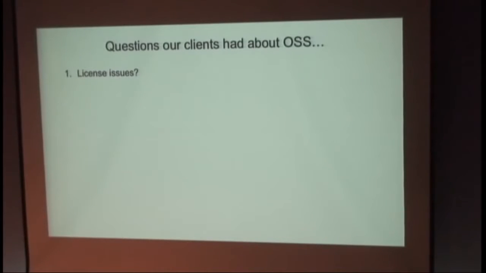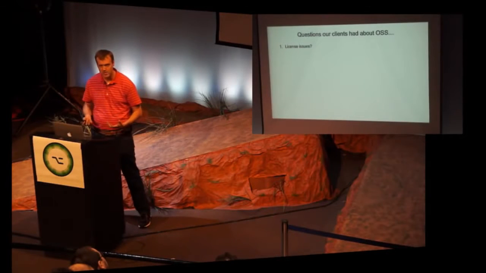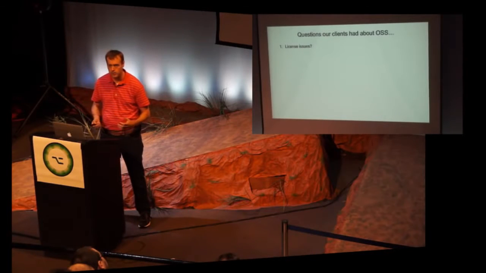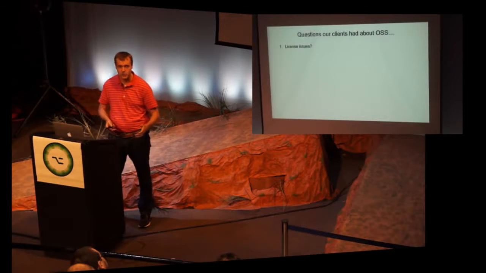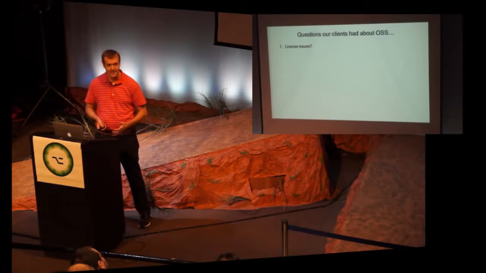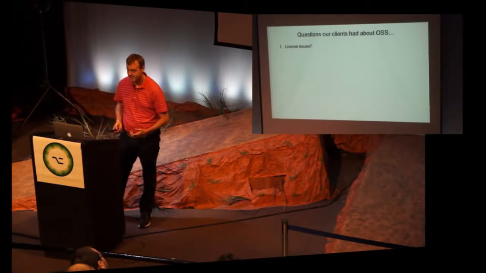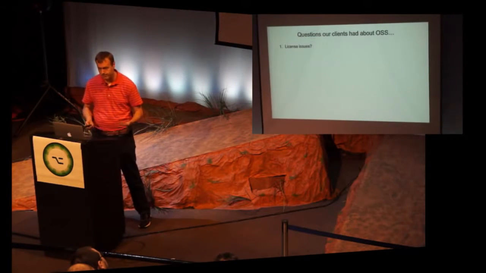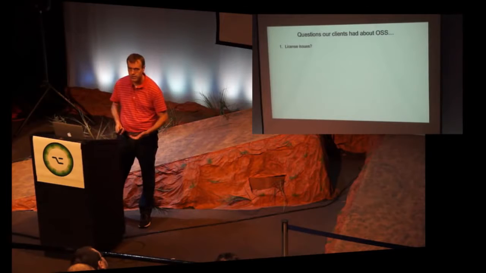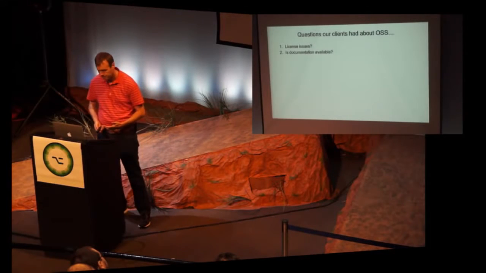There were a lot of questions about the license. What does GPL mean? What happens if that developer, 6 months from now, or 12 months from now, or 2 weeks from now, decides to change the license? Will I still be able to use that software or not? Obviously, we had to address and answer those questions.